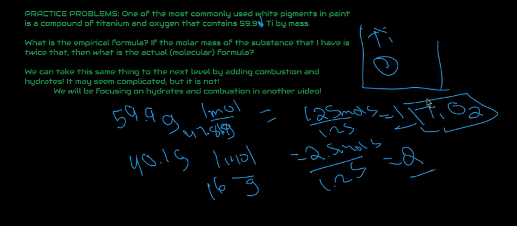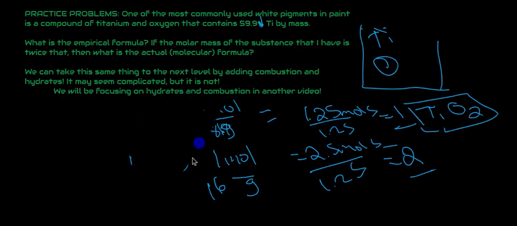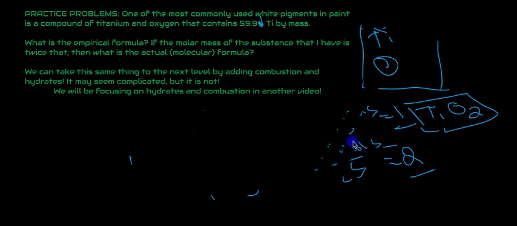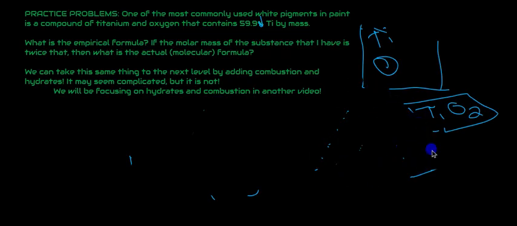Okay, so let me add to this question really quickly, but you guys are going to have to pay attention to what I'm saying. So say I told you that the molar mass of the compound that we have, the one that you just solved for, is actually 159.734.